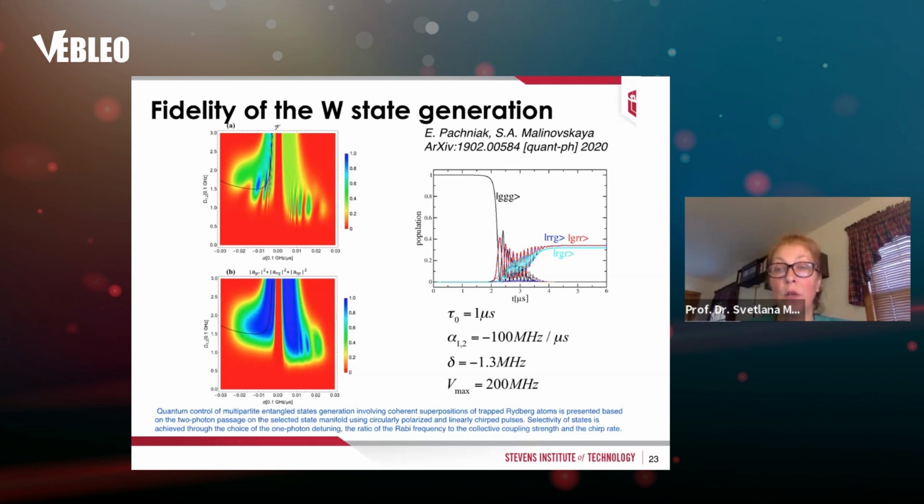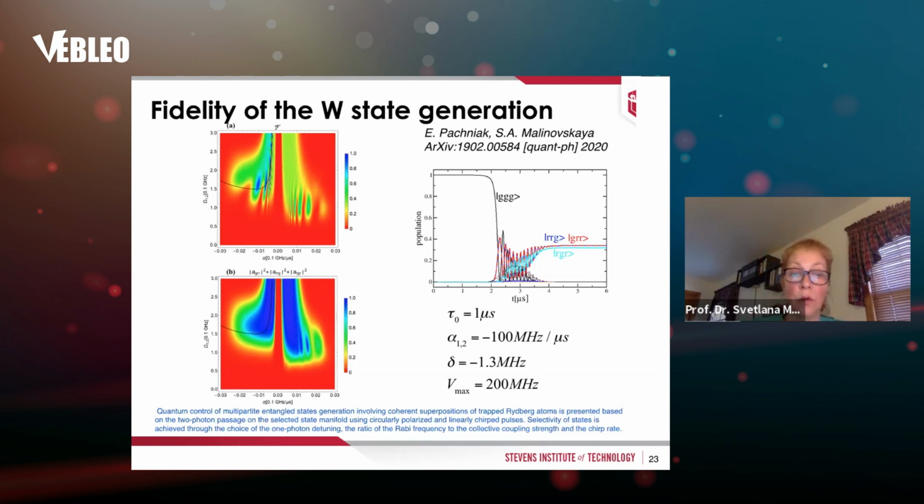The upper panel shows the dynamics of the creation of the W state, and this dynamics occurs for the values of fidelity, one of the highest in this calculation. So we observe significant Rabi oscillations indicating a non-adiabatic regime of interaction during the transitional time.